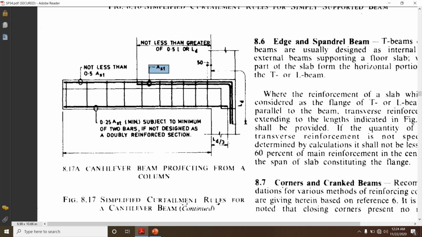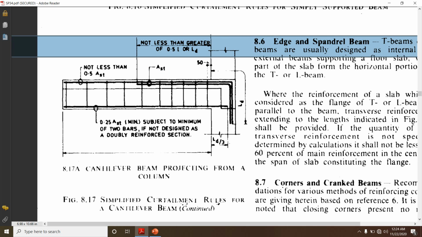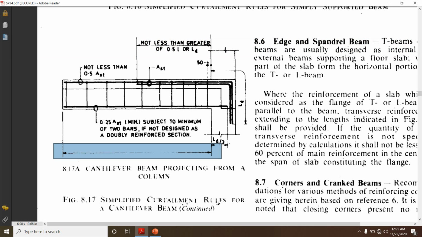The distance up to which 100% reinforcement has to be provided should not be less than the greater of the following two: 0.5 times of L, where L is this span we have, or Ld, which is the development length from this face till this face.